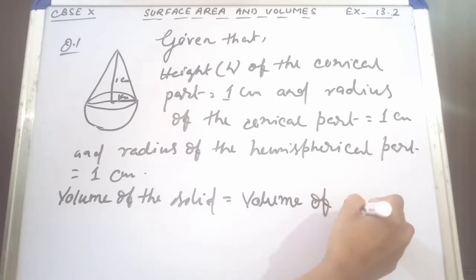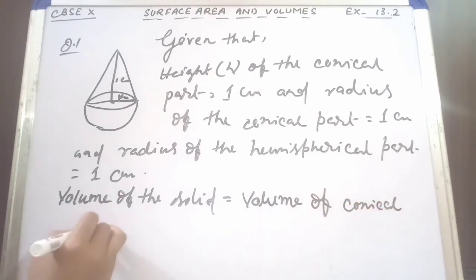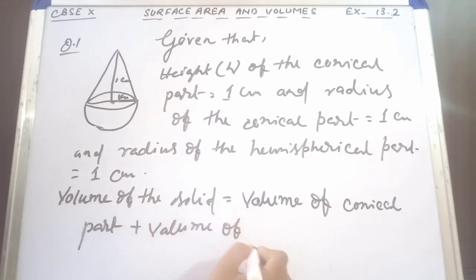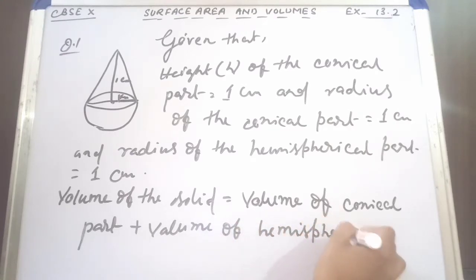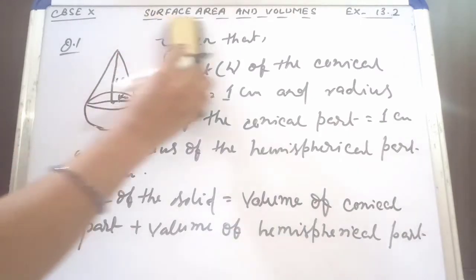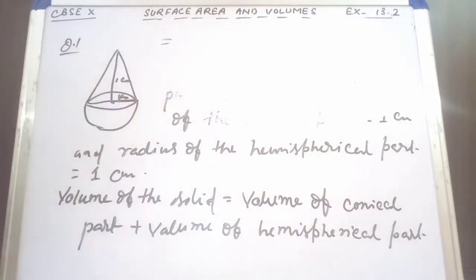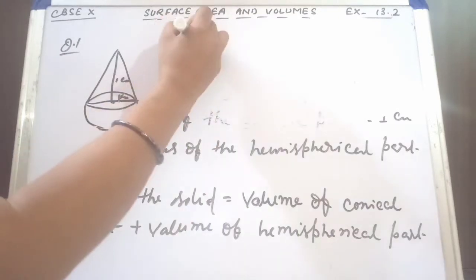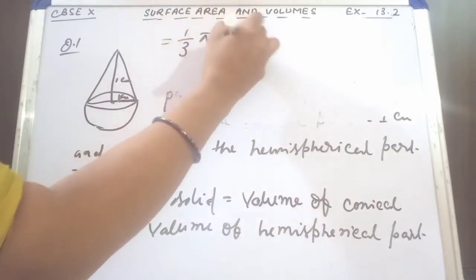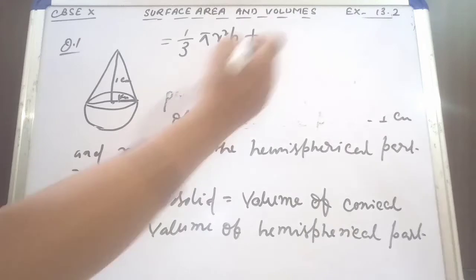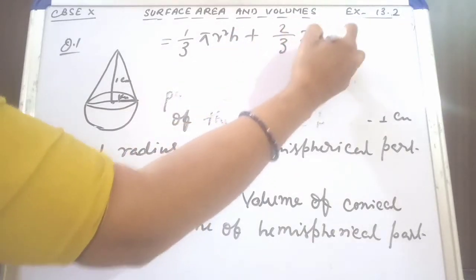Volume of conical part is one third pi r square h, plus volume of hemispherical part, that means 2 upon 3 pi r cube.